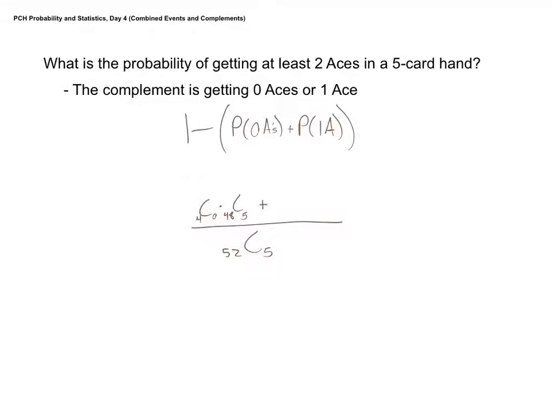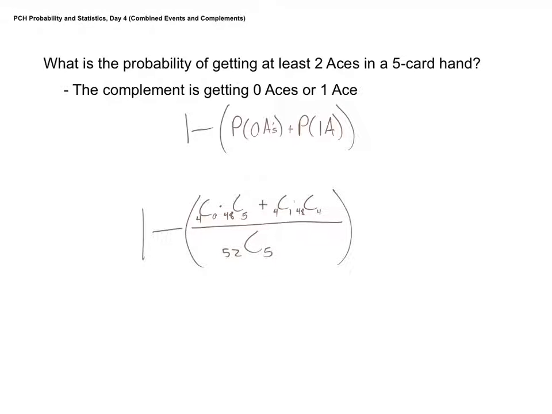The other alternative, here we're adding, we have 4 and we want 1 ace, okay? Which means out of the other 48 cards, I want to choose 4, right? So that right there is my parentheses. Okay? So I just do 1 minus that.